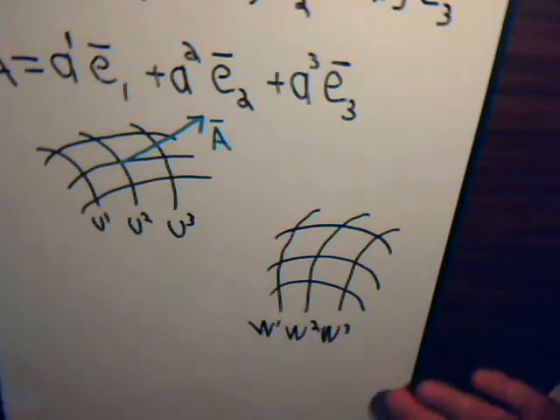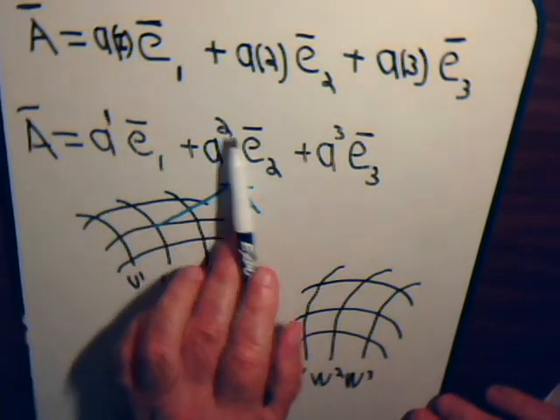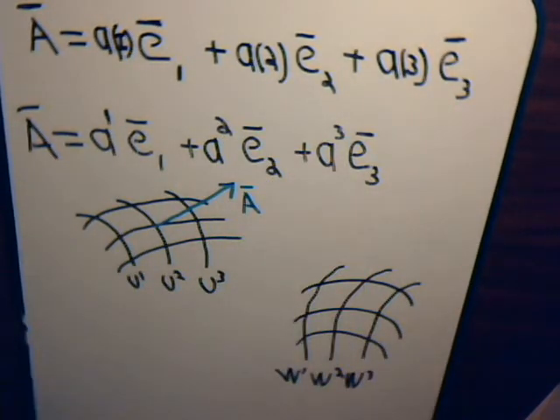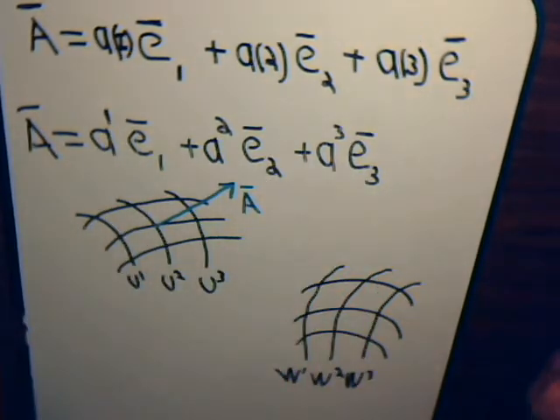So that's why when we write these components, we use superscripts, as we explained in the previous videos: for contravariant vectors, those that transform analogously to the way displacement vectors transform, as we explained in our first video, their components have superscripts.